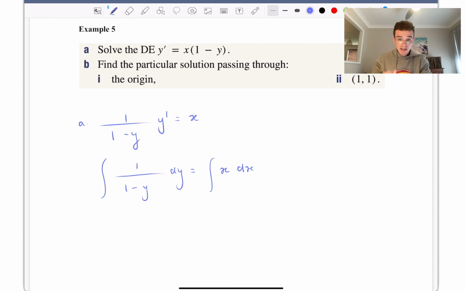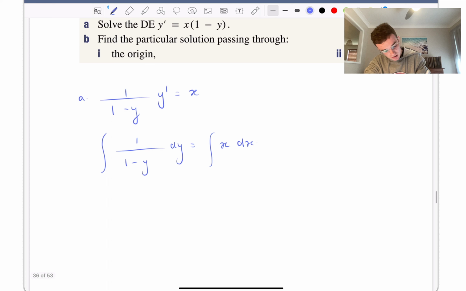Now the integral of 1 over 1 minus y is simply the natural logarithm of 1 minus y, and this is equal to x squared on 2 plus c. Now we also need to consider the fact that if we differentiate 1 minus y, we get minus 1.